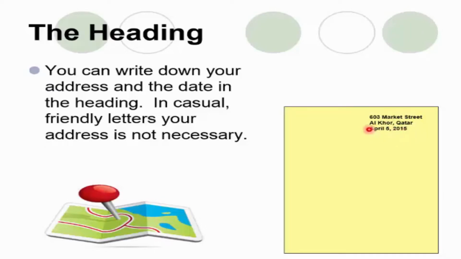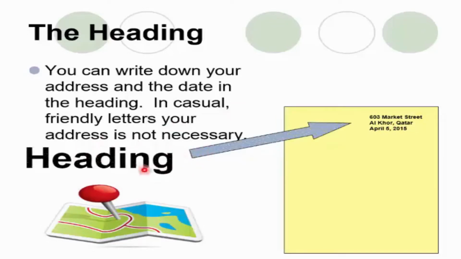And you have to take care, the proper place to put your address is on the top right corner of the page, so you always have to keep an eye on the proper place to put each one of the different parts of the informal letter. Okay? Heading.